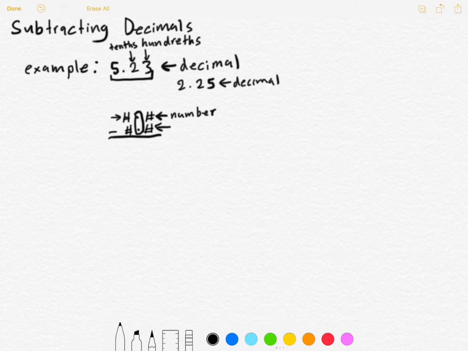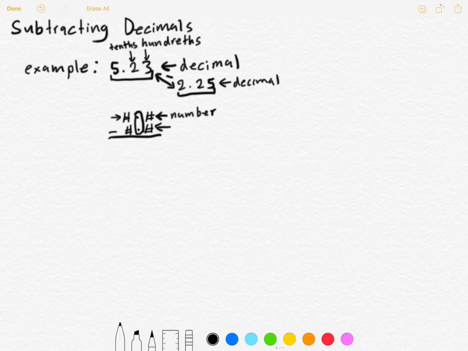And what I want to do is subtract these two numbers. Okay, so as I said, we will have to line them up. And for this problem, I want 2.25 subtracted from 5.23.